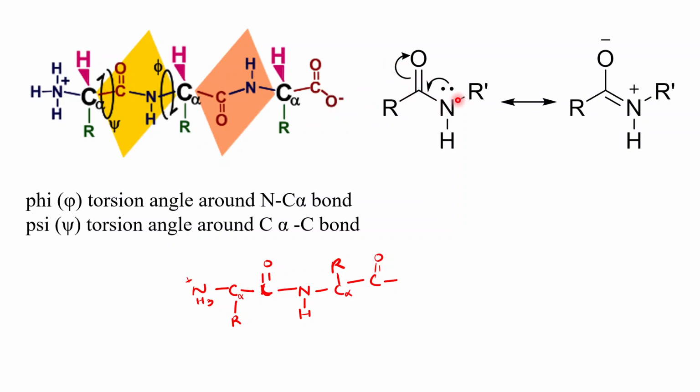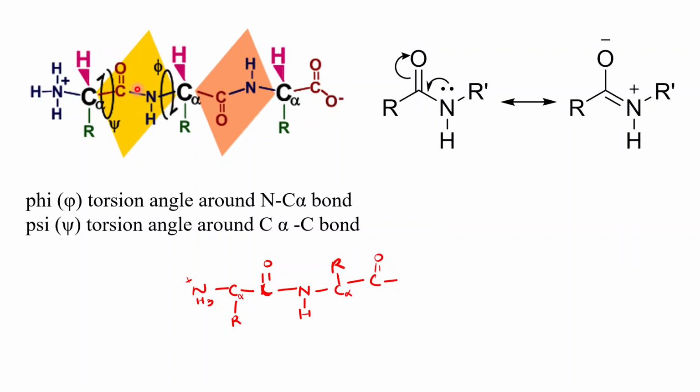How does it have the partial double bond character? The nitrogen of the amino group has a lone pair, and this lone pair can give the peptide bond a partial double bond character, so it can have a resonance structure. Since it has a partial double bond character, this bond becomes rigid.